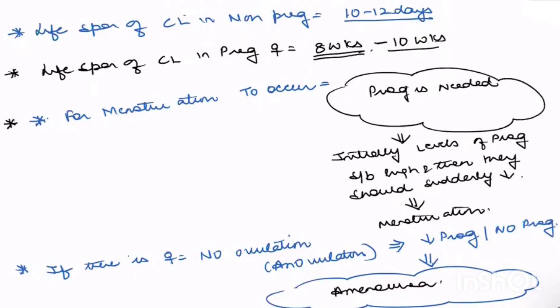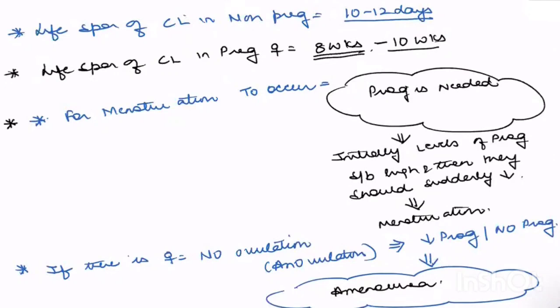So the bottom line is that for anything and everything related to menstruation, we are dependent on progesterone. To delay a period, progesterone. To bring on a period, also progesterone. So the most important hormone needed for menstruation is progesterone.